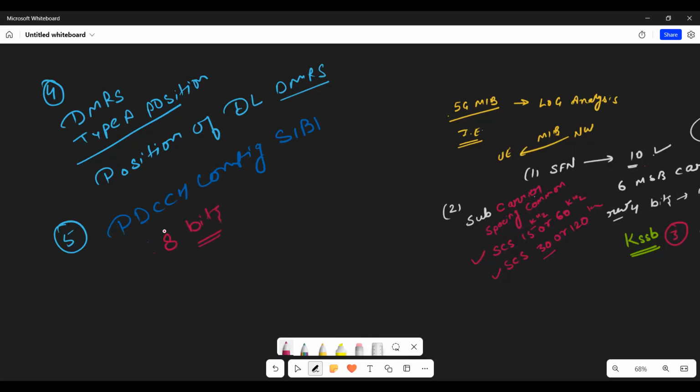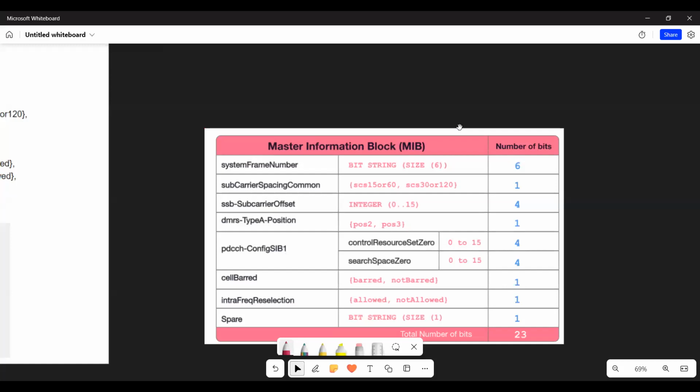I forgot to tell you about this DMRS type A position, how many bits is there? This would be indicating position 2, position 3. So if you see here, this DMRS type A position is 1 bit. First SFN was 6 bits, subcarrier spacing common, FR1, FR2, this is 1 bit, and subcarrier offset, that is your KSSB, this is 4 bits.